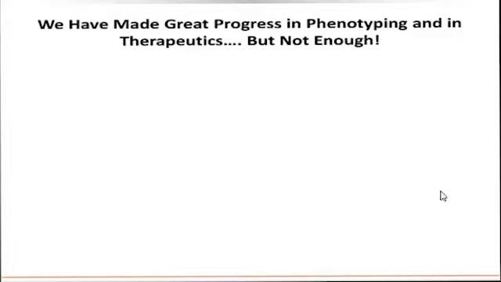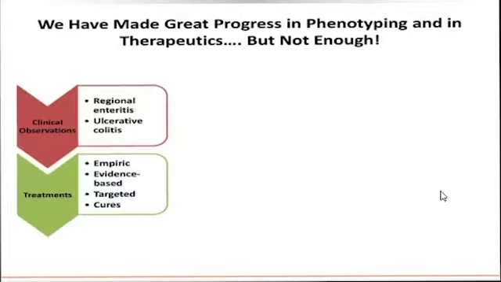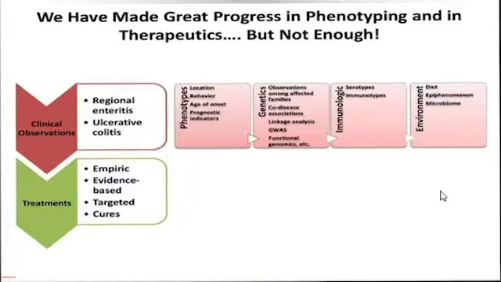So actually you did a good job in the progress of the disease, from classification, from phenotype, from therapies, but I think we are not there yet. This is not enough to decide or to achieve what you are planning to do. From the history, we look at the phenotype of the disease: location, behavior, age of onset, and prognostic indicators.